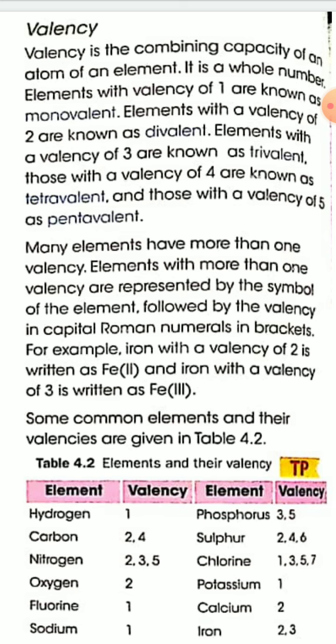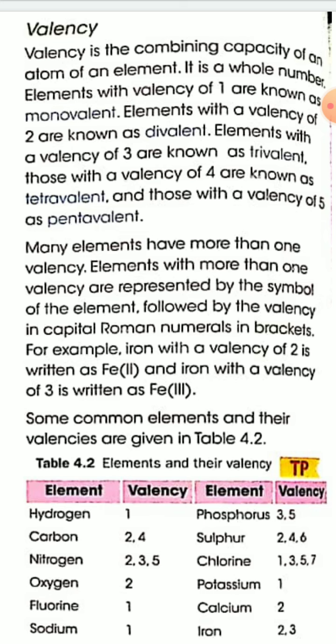Elements with a valency of 1 are known as monovalent elements, elements with a valency of 2 are known as divalent elements, elements with a valency of 3 are known as trivalent elements, those with a valency of 4 are known as tetravalent elements, and those with a valency of 5 as pentavalent.